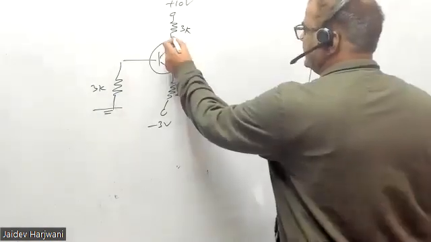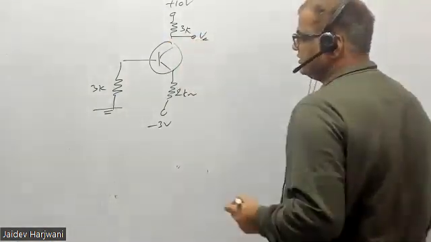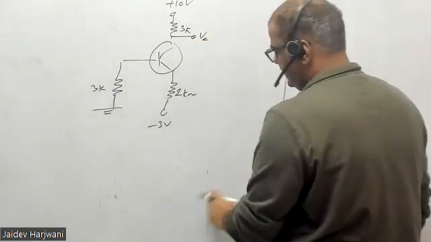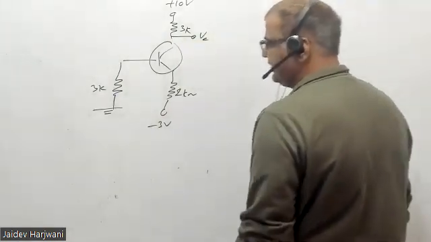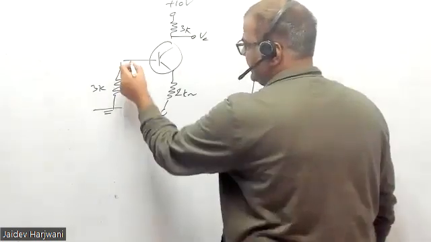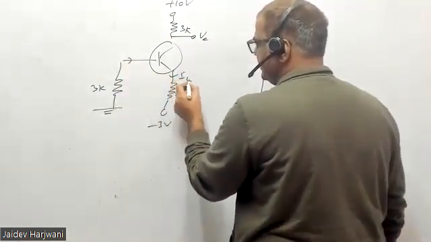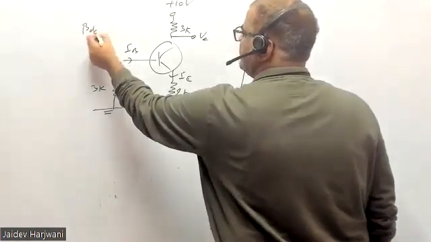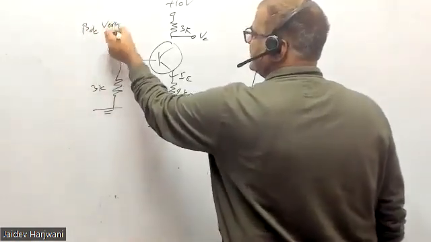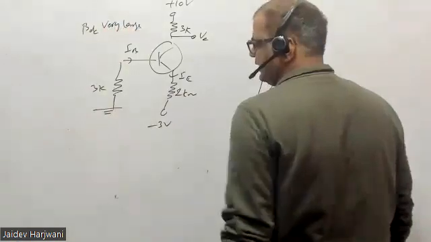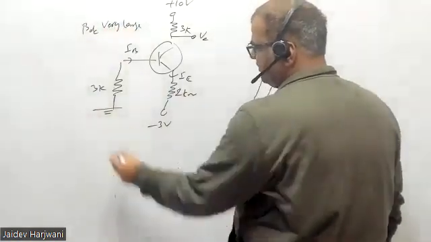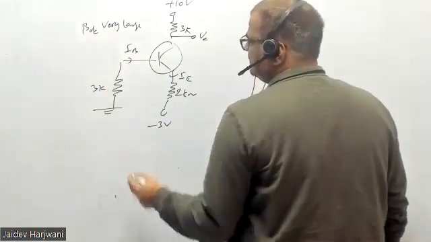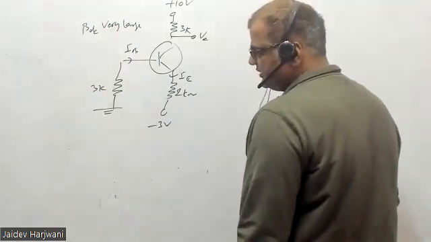Again, the voltage VC is asked. So how will we solve this question? Suppose IB is flowing here, and the beta DC value is not given. It is very large. Now suppose current is flowing here, so IB is flowing here.